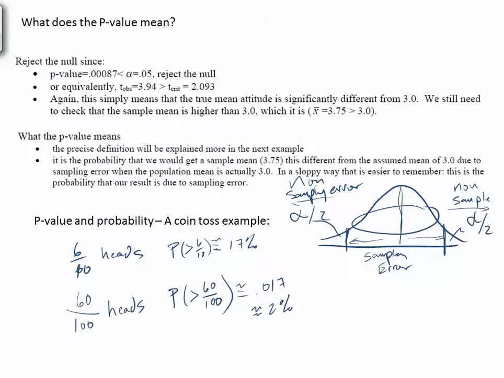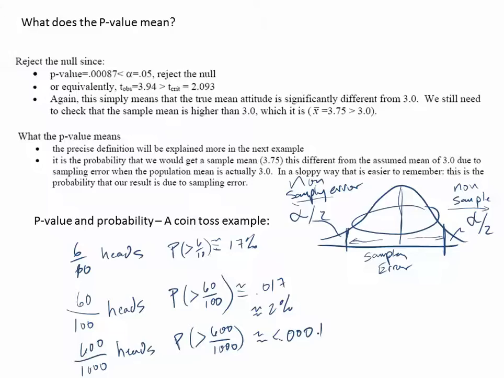So the probability of getting 60 out of 100 when we expected 50 is quite low. And then you can imagine if we did this all the way up to 600 out of 1,000 heads. In this case, the probability of getting more than 600 when we flip this coin 1,000 times is something less than 0.0001, or very small.